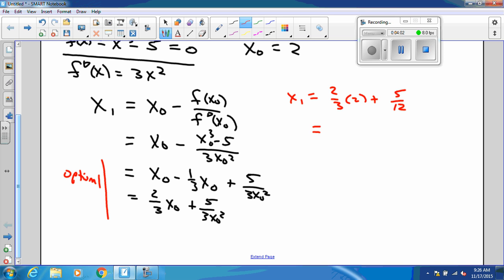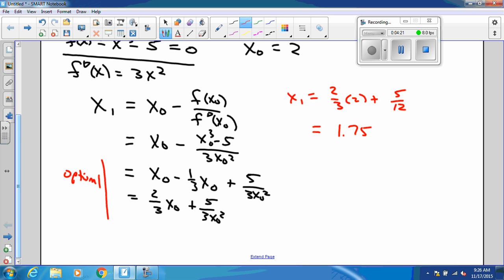And that gives me some decimal value: four-thirds plus 5 over 12, giving us 1.75.